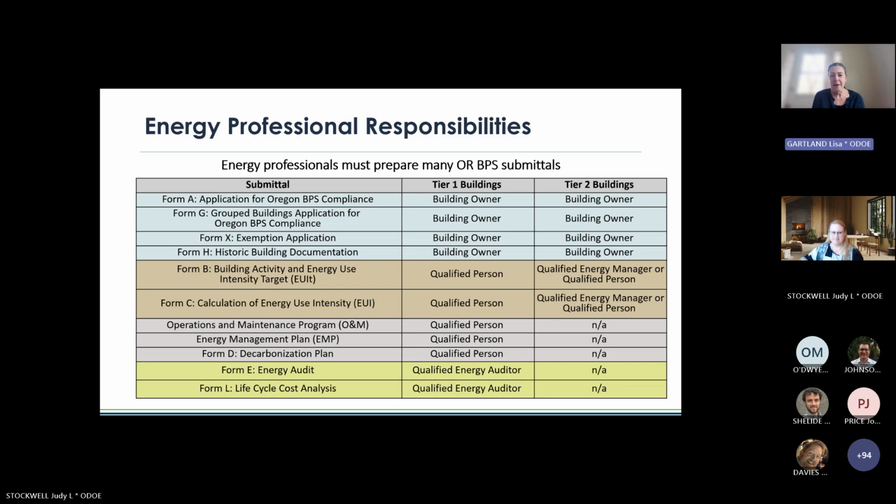Other things that are required only for Tier 1 buildings are the O&M program, the EMP. There's a few types of groups of buildings that might have to do a decarbonization plan if they have some kind of district plant. That's going to be rare, but in any event, a qualified person will be required to certify those programs and/or come up with a decarbonization plan.